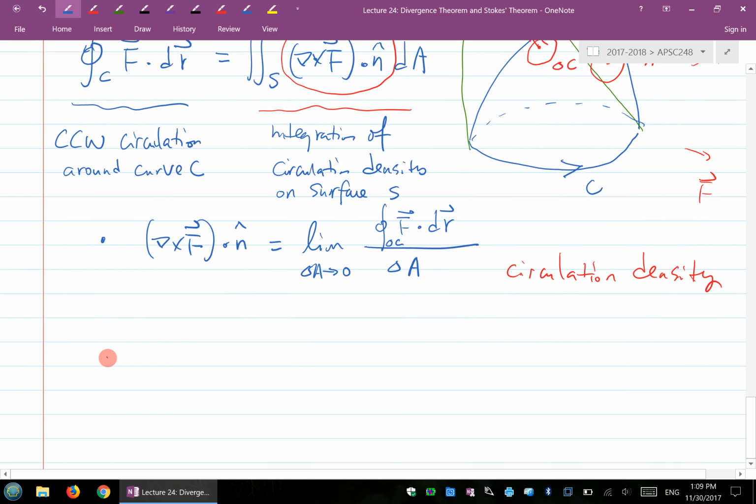That's what Stokes theorem is telling you.